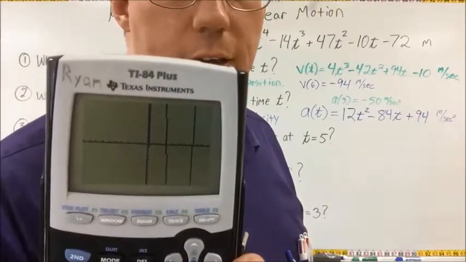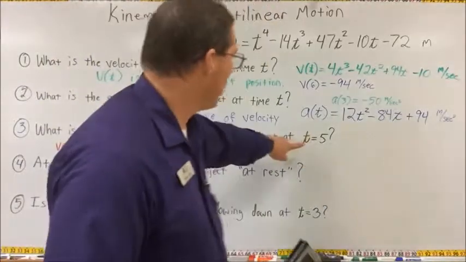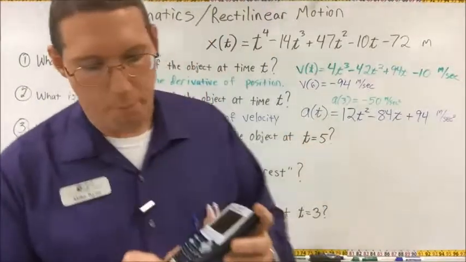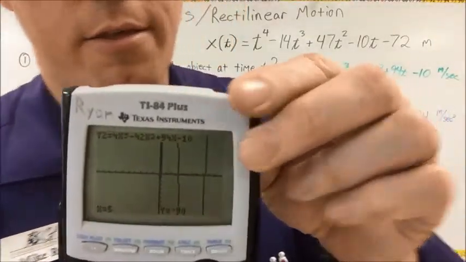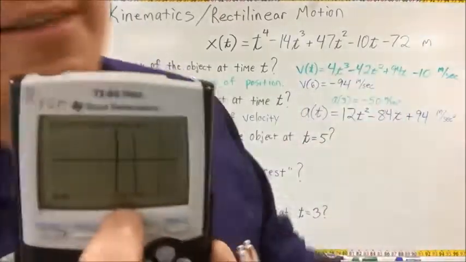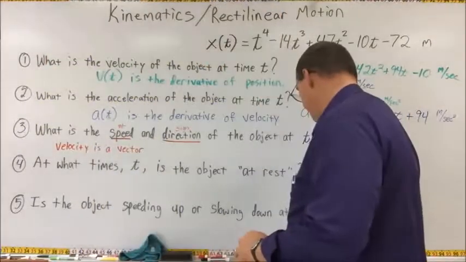Now, once that draws, I can press trace, and I can enter 5. When I press enter 5, and press enter, it says that the output is negative 90. And so, here's what I'm going to write.